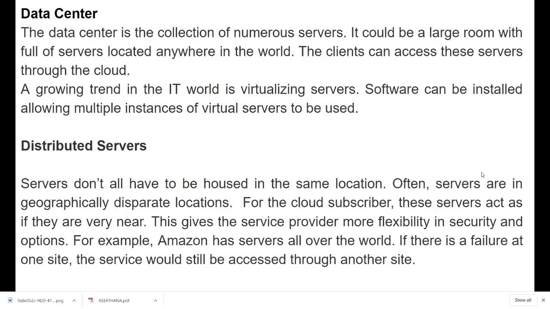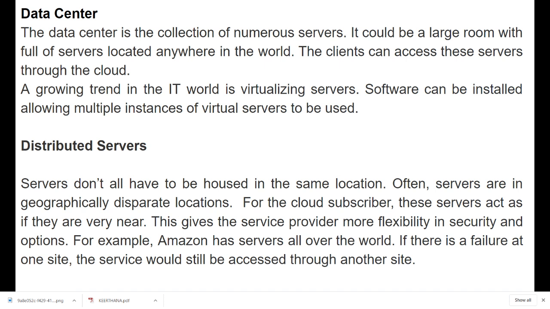The next one is data center. The data center refers to the server hardware where the company or organization stores and accesses the data through a local network. Actually it will be a large room containing a lot of servers. It can be located anywhere in the world.